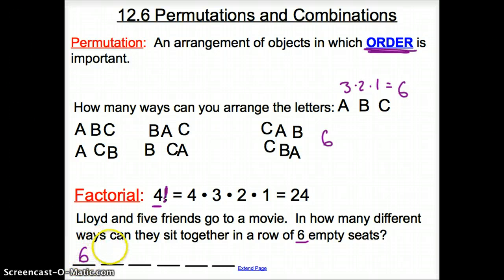How many can sit here? Well, there is one person sitting there. There are only 5 left. Now, how many people can sit here? Since there is one here, one there, only 4 can sit there. 3, 2, and 1. And then you would multiply these up for your answer. But that is how we work out a factorial.